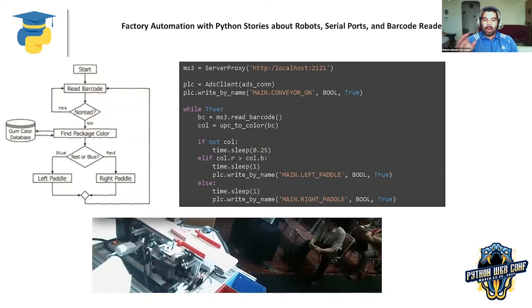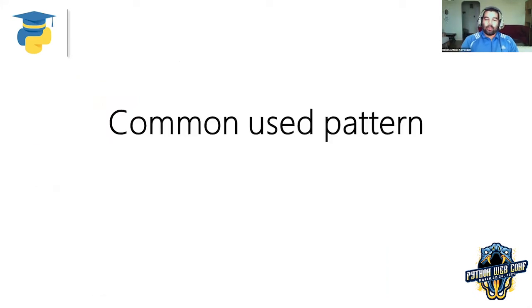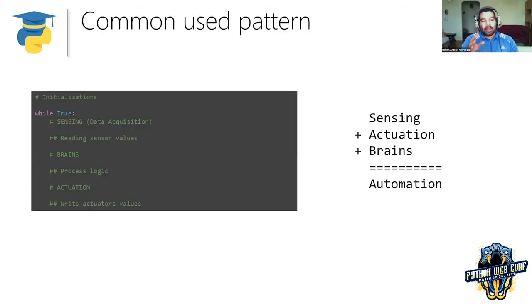But there is a pattern in this code that you often find in automation applications. And what is the common use pattern? Well, you have Python code with some initializations. Then you have the code for the sensing or the data acquisition.